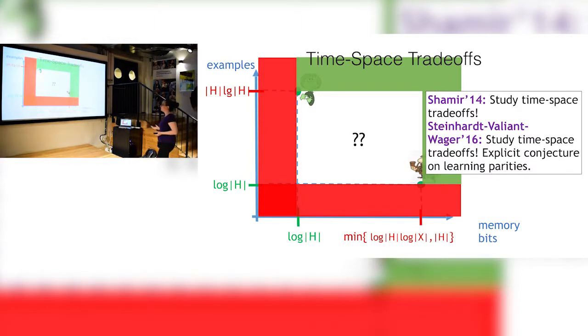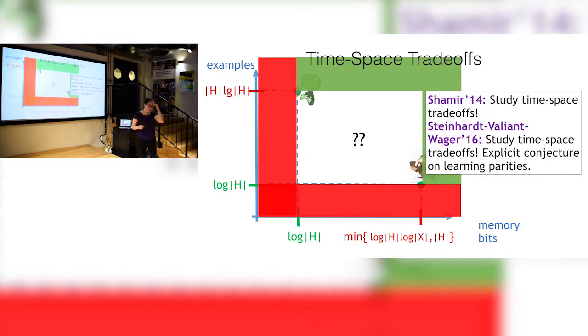Maybe everything in here is red, which means we cannot do better than what we just saw. Maybe it's a mix of everything. This is what I was interested in, understanding what's going on in this white square.